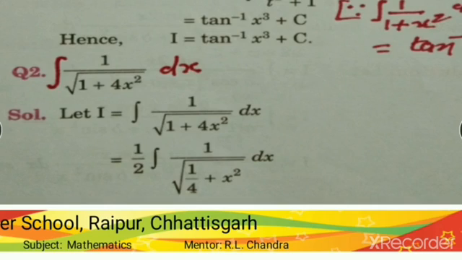To change it into integrable form, we have to multiply by 1 upon 2. That is, we write here common out as 1 upon 2 integration 1 upon under root 1 upon 4 plus x square. For this purpose, we multiply numerator and denominator by 4.